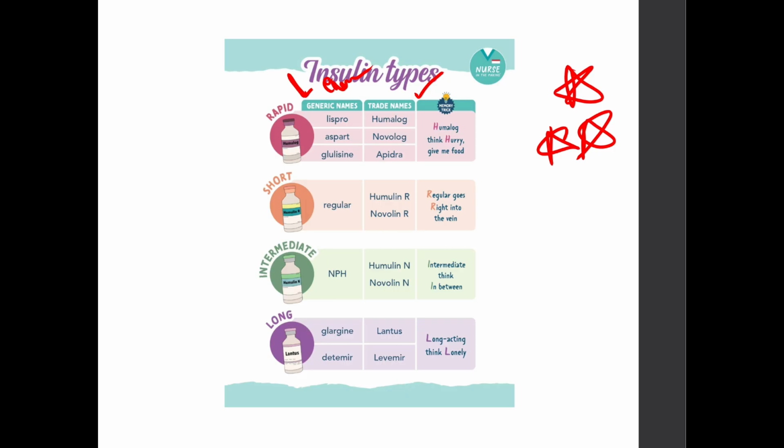Okay, and in general, in type 1 diabetes, we use 2 medications. We use rapid, and we have the long one. We use the long one to mimic the basal dose, which stays for the whole day, to kind of mimic the basal insulin.